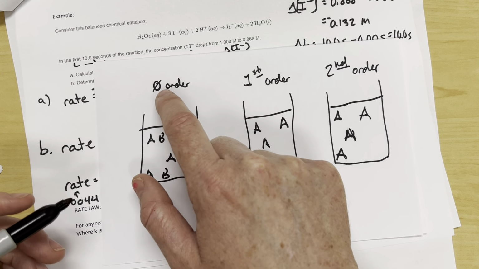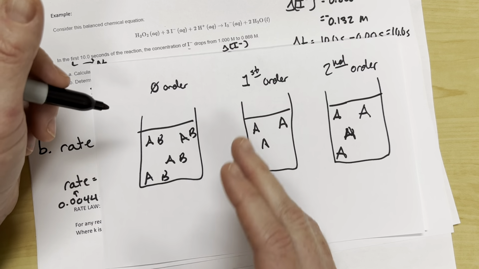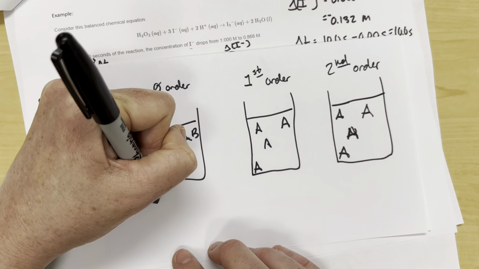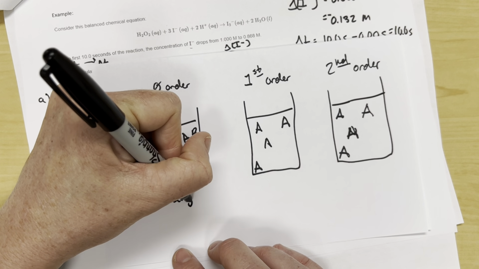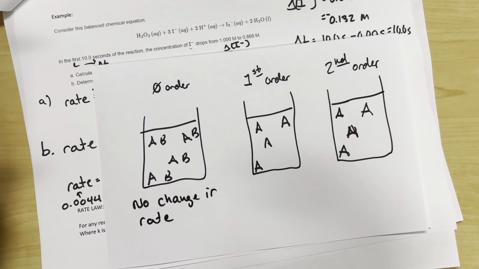In a 0 order reaction, adding B doesn't speed up the reaction. It's just the same as it would have been before. No change in rate.